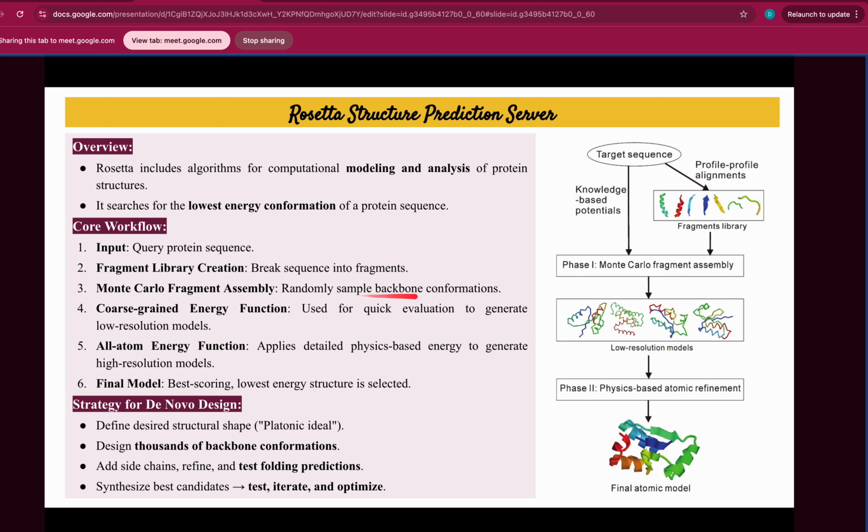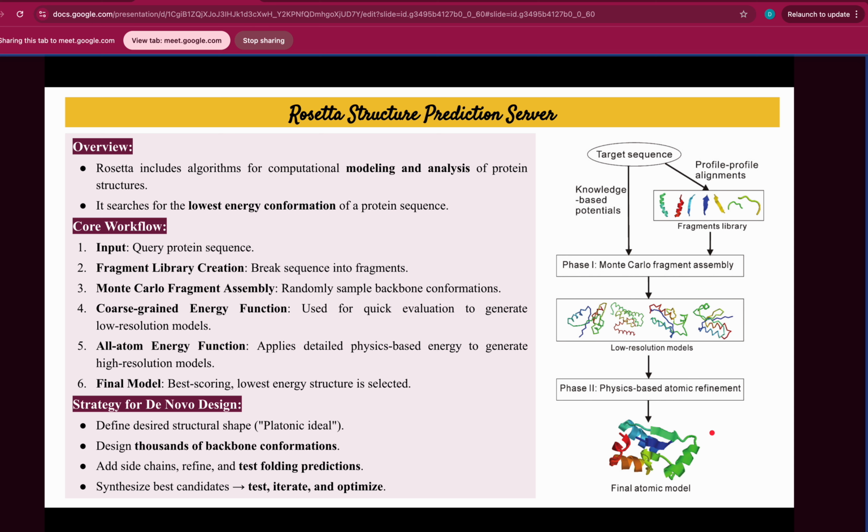In this, you randomly sample the backbone conformations, and then you apply coarse-grained energy functions in which you perform certain calculations to generate low resolution models. Then all-atom energy functions are calculated, in which you apply physics-based atomic refinements to find out whether the atomic model you are getting is in the lowest energy state or not.